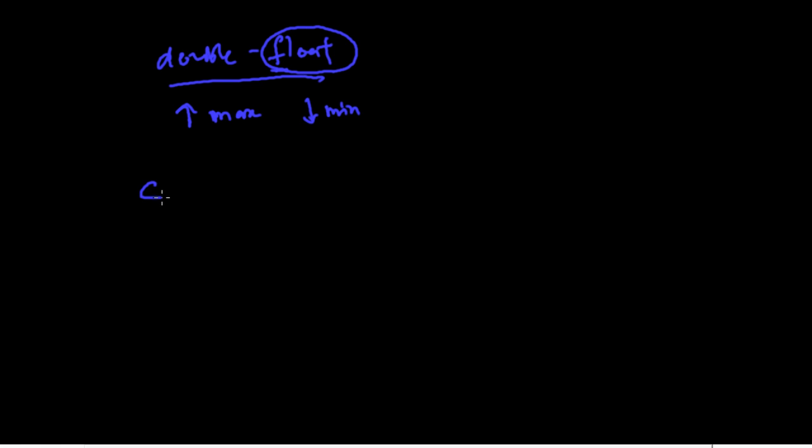Now next, a trickier one is character. Let's say char name. Create a box called name, and then it's a character data type.